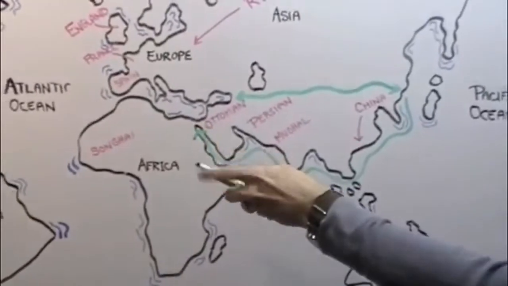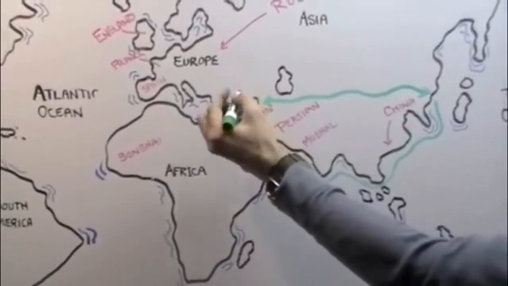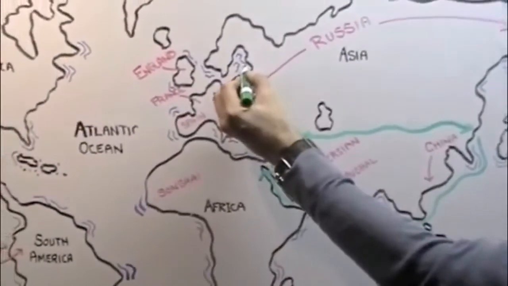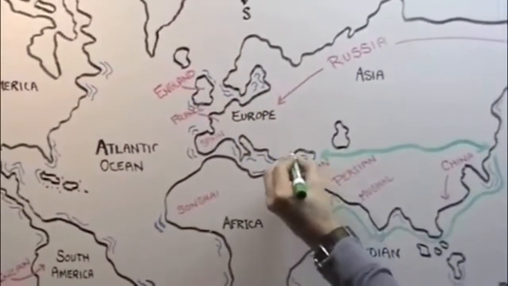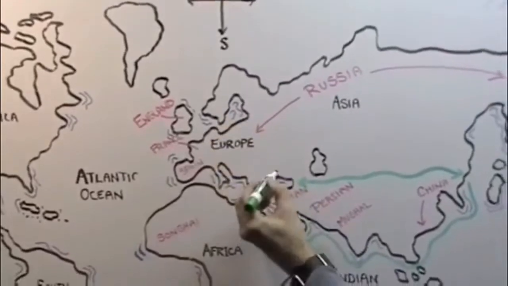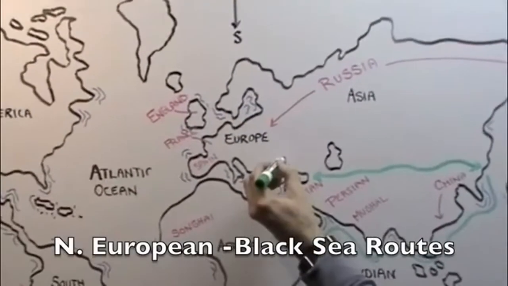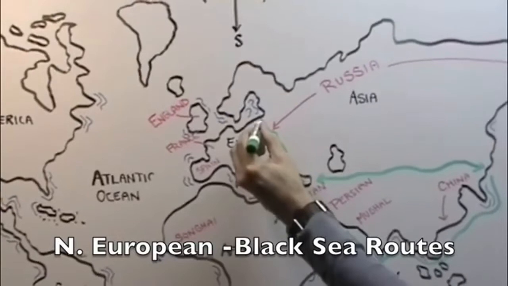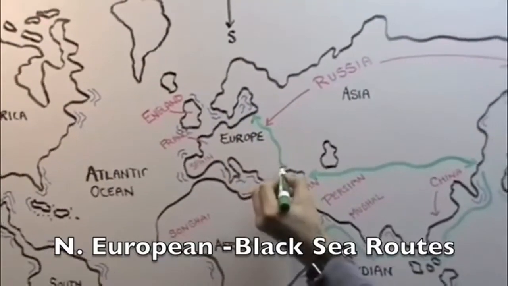The third trade route we're going to look at linked the Black Sea up here with the Baltic Sea up here. This is called Northern European River Trade.